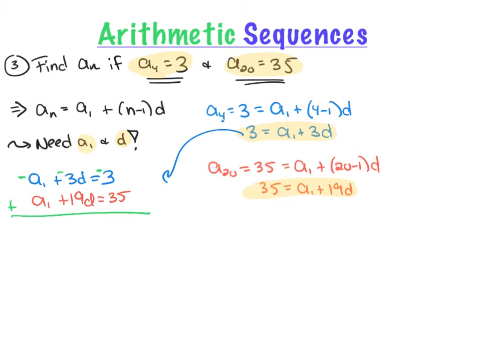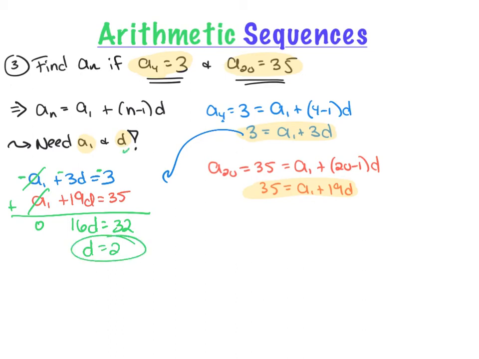When we add these two together, the A1s cancel to 0. We have -3D plus 19D makes 16D, and 35 and -3 makes 32. Dividing both sides by 16 gives us D equals 2.